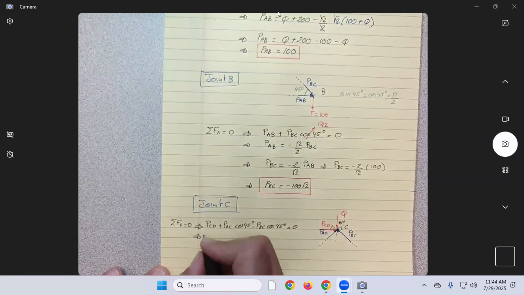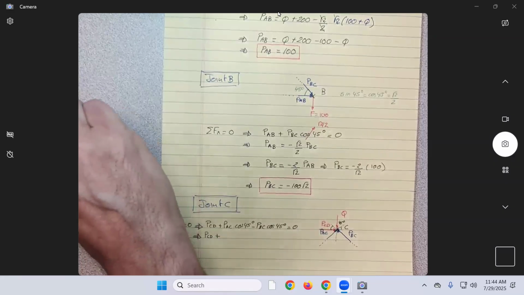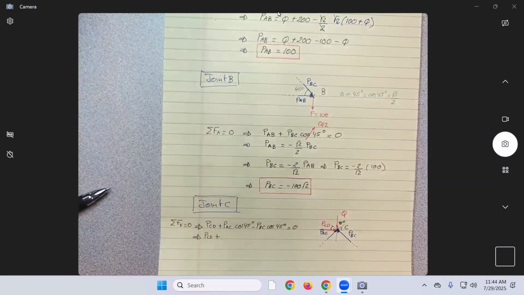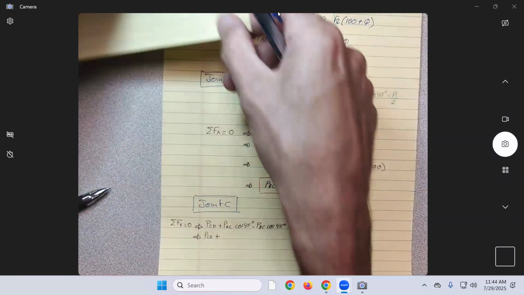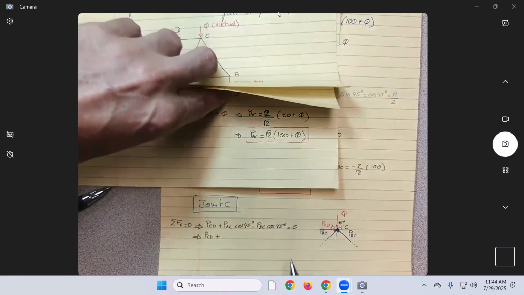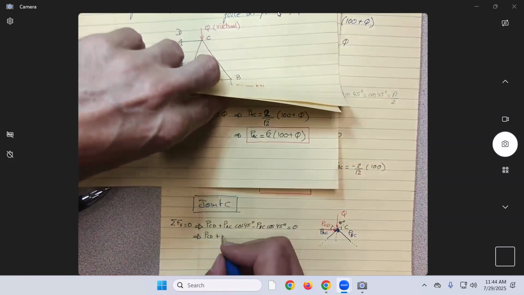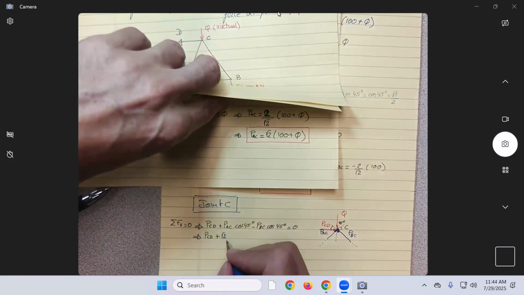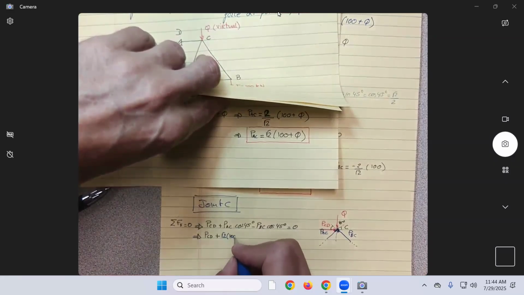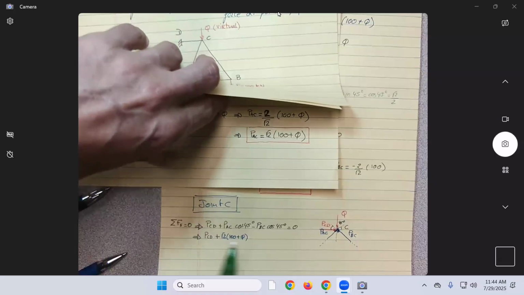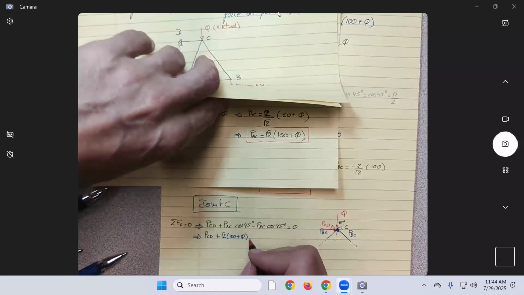So this will give PCD plus, let me do that in blue. What is PAC? PAC we calculated before to be equal to 100 square root of 2 times 100 plus Q. Cosine 45 is what?